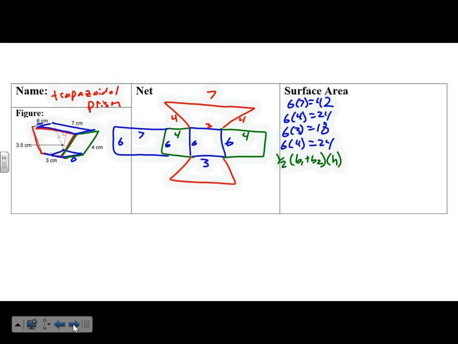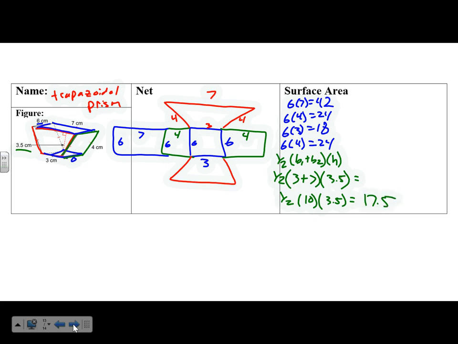So we have 1/2 base 1 and 2 is 3 and 7. And then the height is what they give you right here, 3.5. That's 1/2 10 times 3.5. 0.5 times 10 times 3.5 is 17.5.